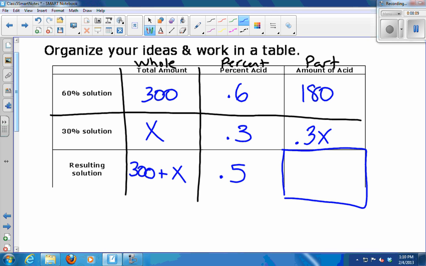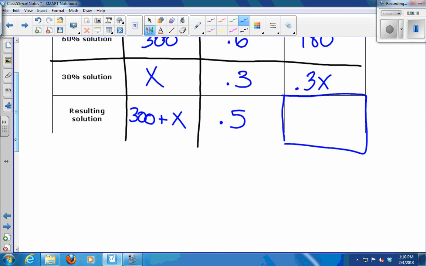I could either do whole times percent equals part, and that will give me the total amount of pure acid in my solution. So I could do 0.5 times 300 plus x. That tells me how much pure acid is in my mixture.